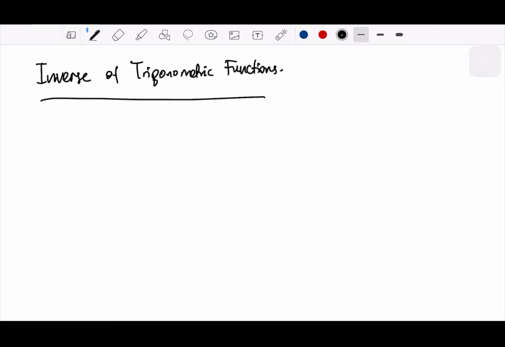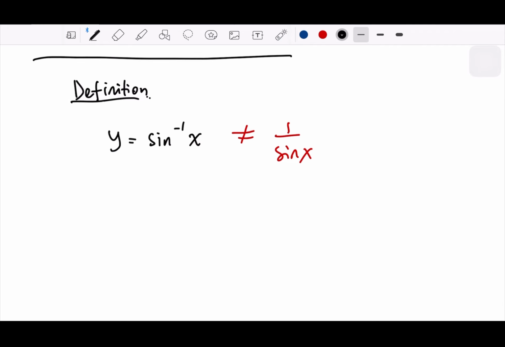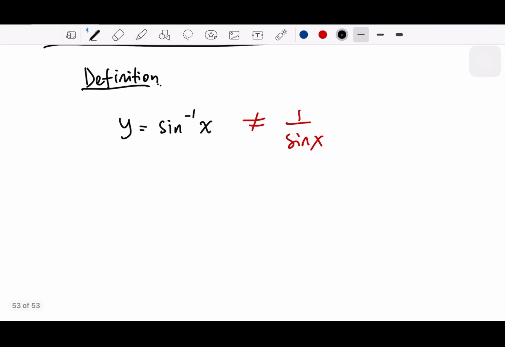Okay, so by definition, if we have y equal sine inverse x, okay. Remember, this is inverse, not the power with -1. Okay, that's the difference. So it's not equal with this. Okay, this is wrong. So inverse means that if we exchange y and x, this will result in sine y is equal x.